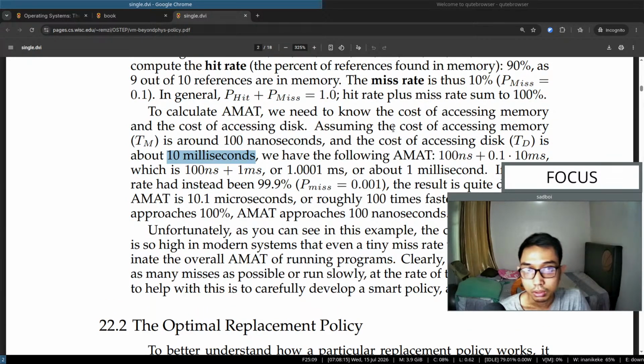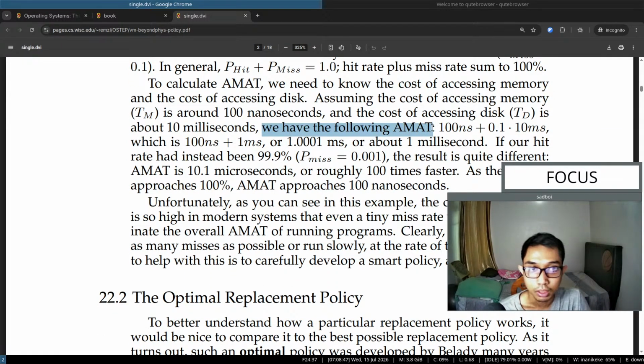So I assume the time we need to access the memory is around 100 nanoseconds, and the time we need to access the disk is 10 milliseconds. The difference in measurement, I guess. Okay, that is something to keep in mind.